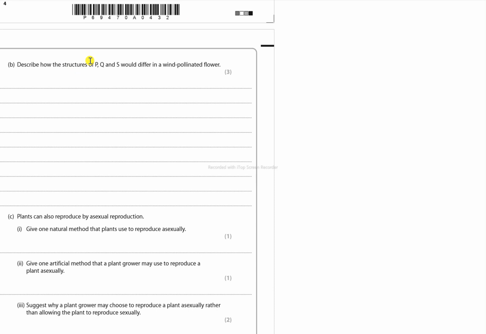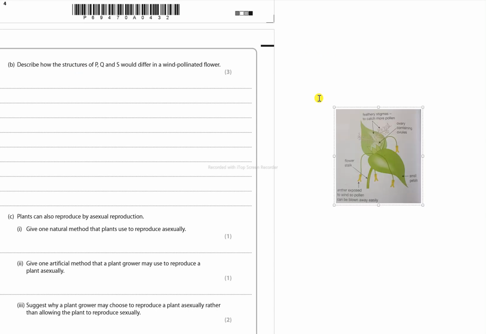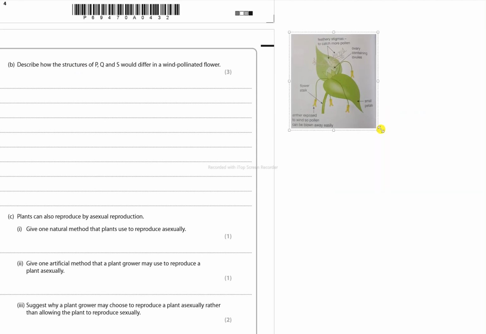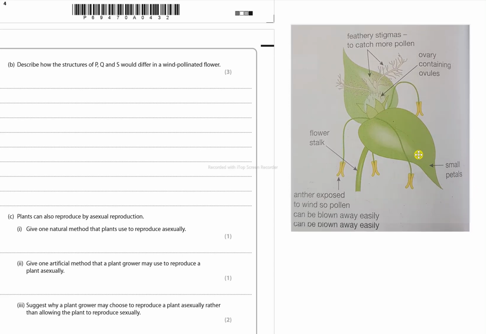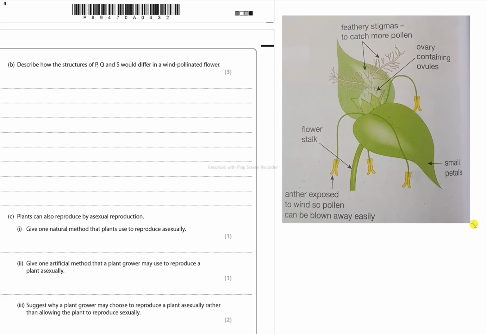Describe how the structures P, Q, S would differ from A. So if you look here, this is from the book, how would it differ? If you look at the stigmas, they've got a much bigger surface area to catch more pollen.